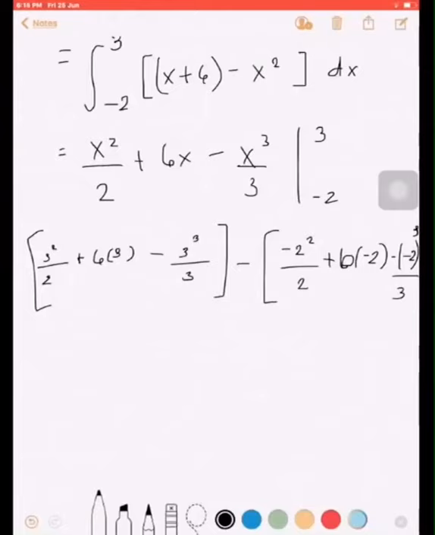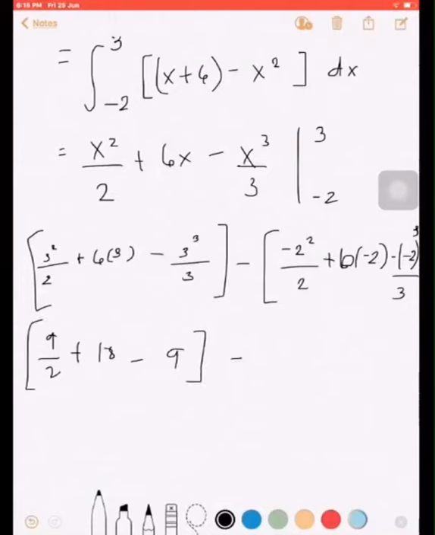Now let's solve. 3 squared is 9 over 2, plus 18, minus 27 over 3. 27 divided by 3 is 9.